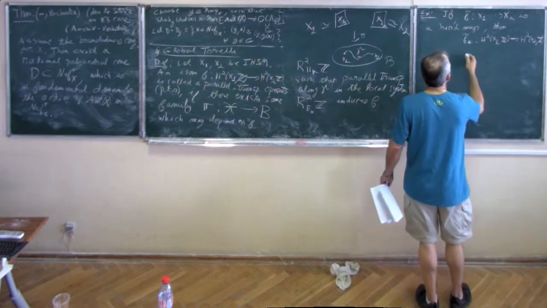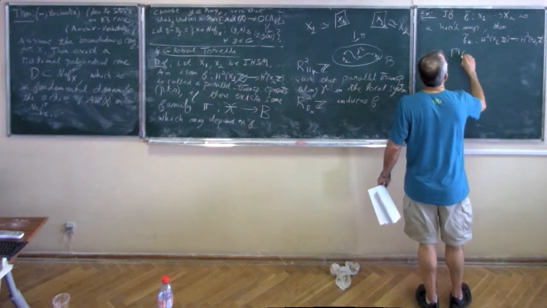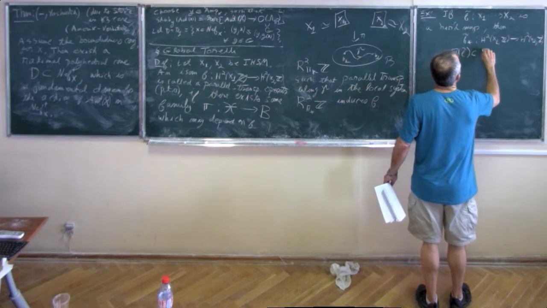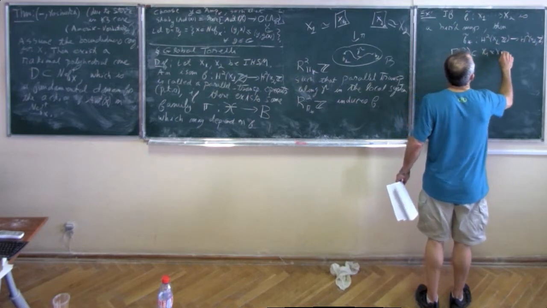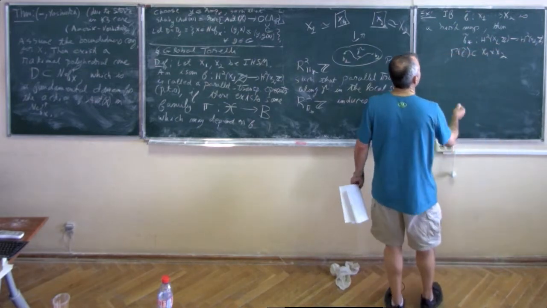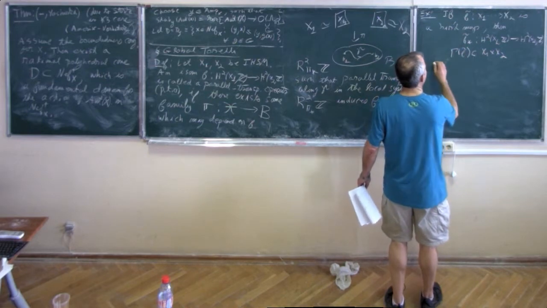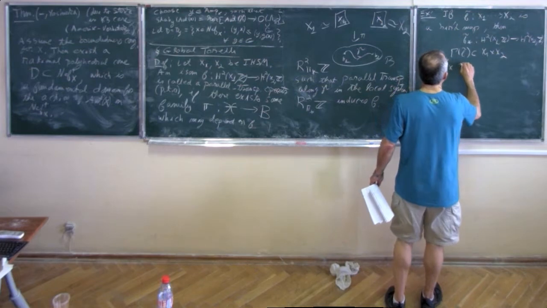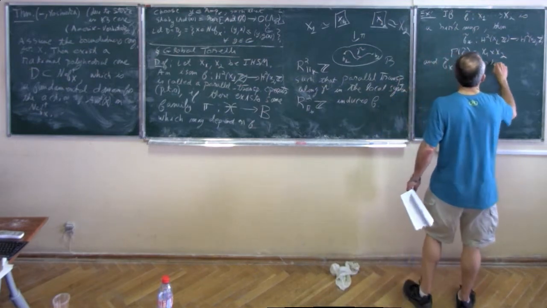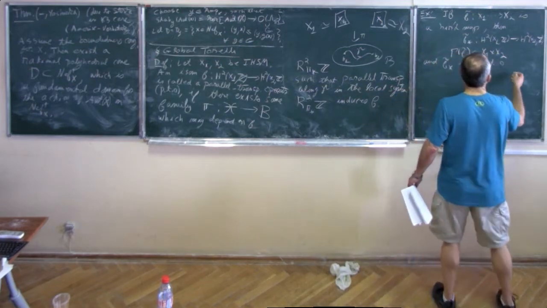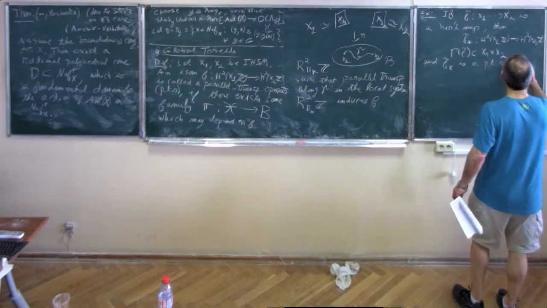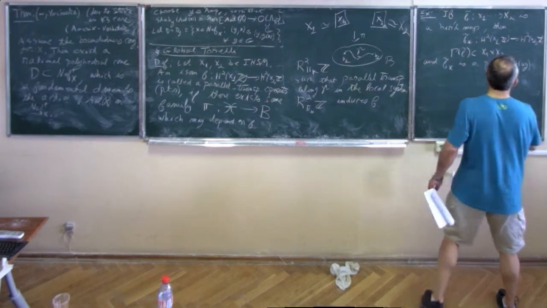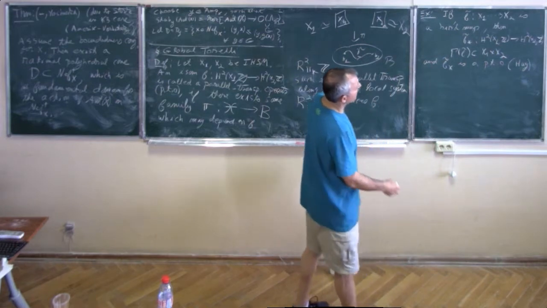It's induced by the graph of F tilde as a correspondence in X1 plus X2. And this map is a parallel transport operator. This is a result of Huybrechts.